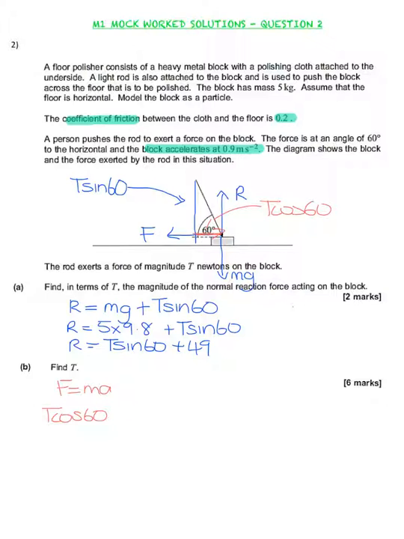And the only other force acting in the opposite direction is friction. We get T cos 60 minus friction is equal to m, which we know is 5, multiplied by the acceleration, which we know is 0.9.